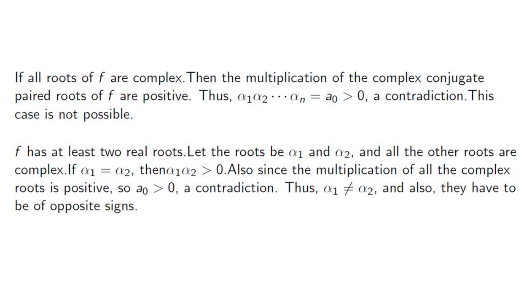So we will have a_0 greater than 0, which is again a contradiction. Thus, alpha_1 and alpha_2 cannot be equal. In fact, they have to have opposite signs.